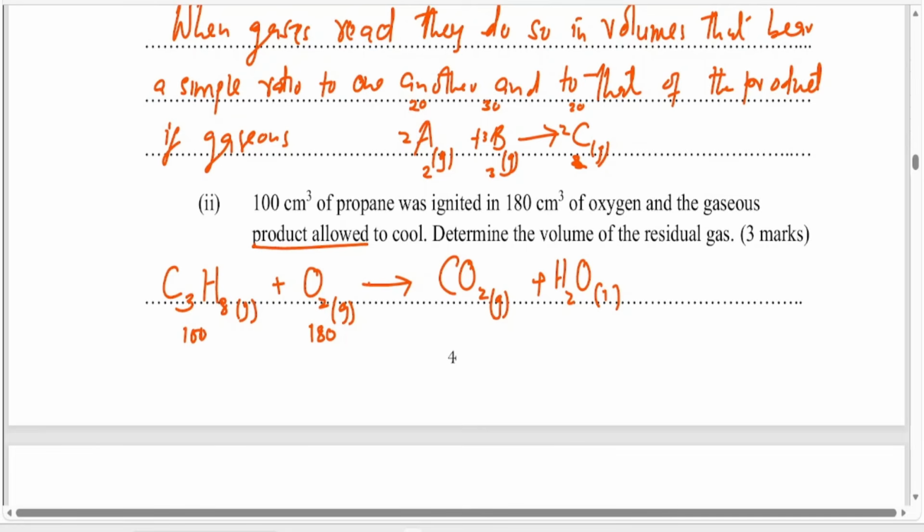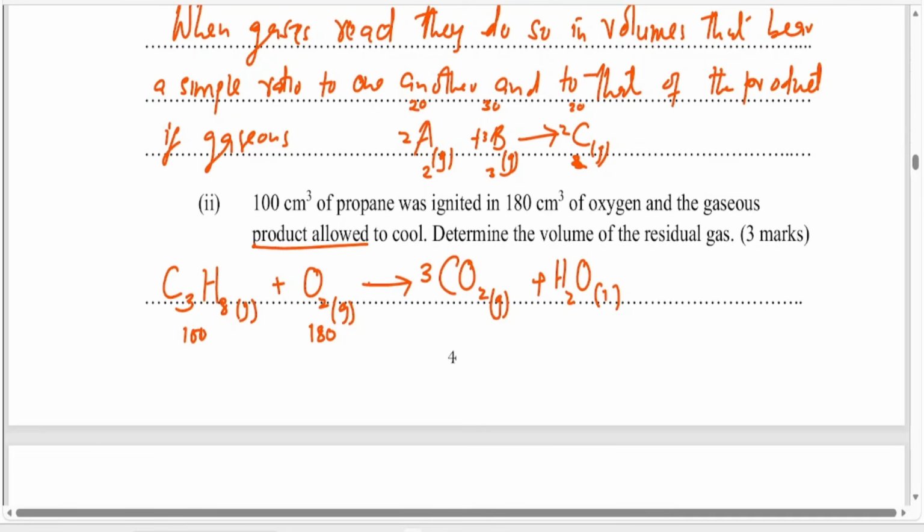So looking at what we have, I can begin by first balancing the equation. Carbon on one side is 3, on the other side is 1, so I put a 3 here.